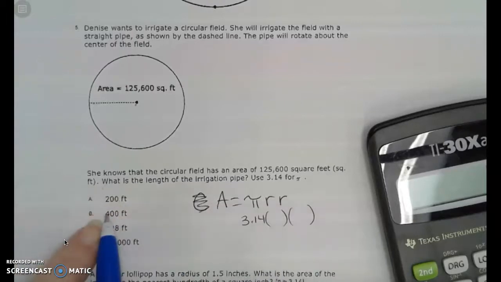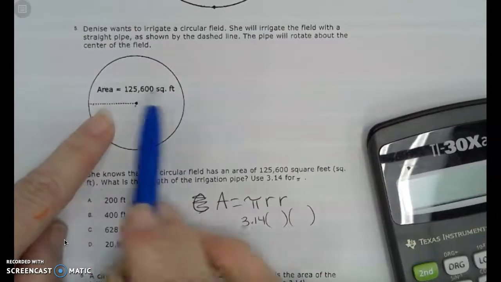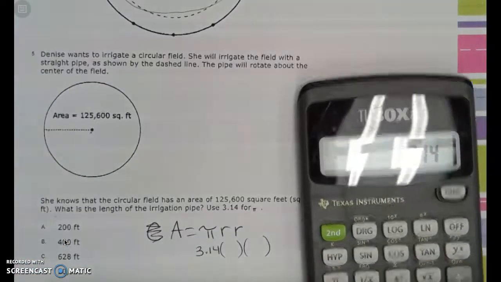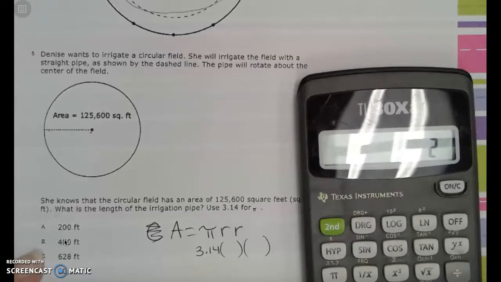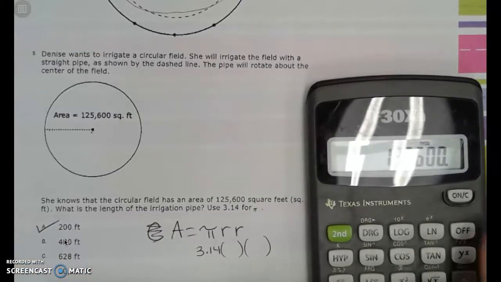Then I'm going to try choice B, 3.14 times 400 times 400, and I keep trying until I get this answer. So if I start 3.14 times 200 times 200, that actually already gives me what I need. So I know that my answer is going to be A.